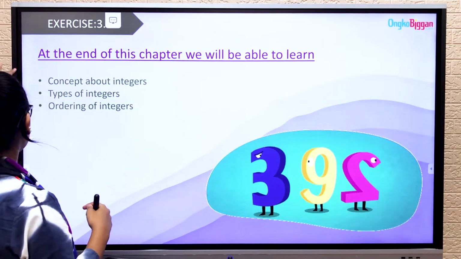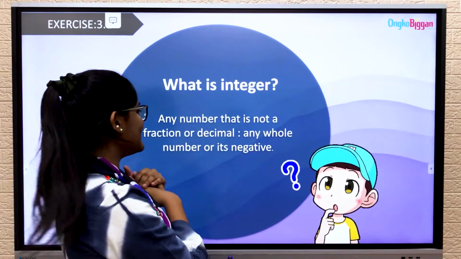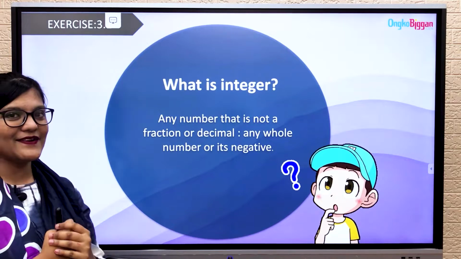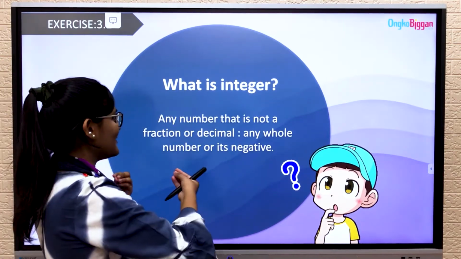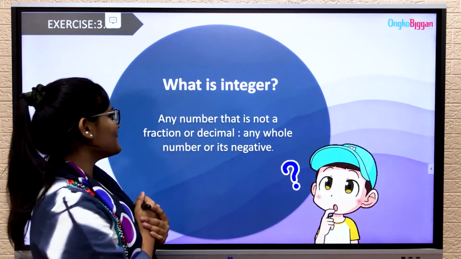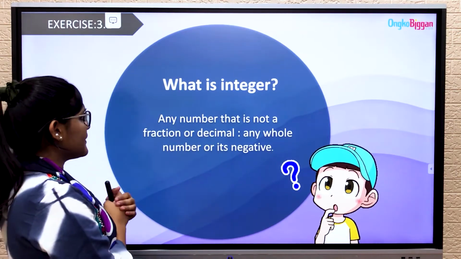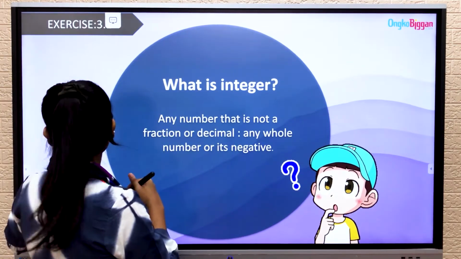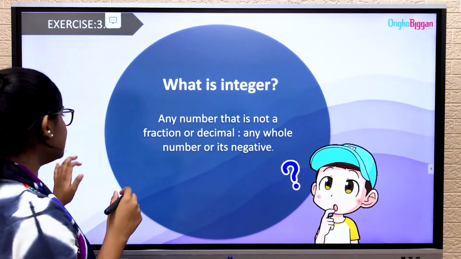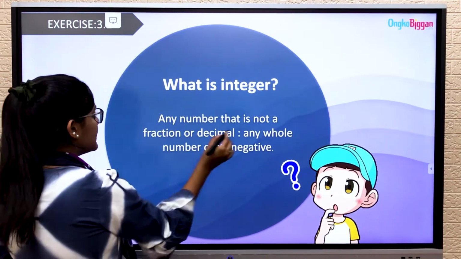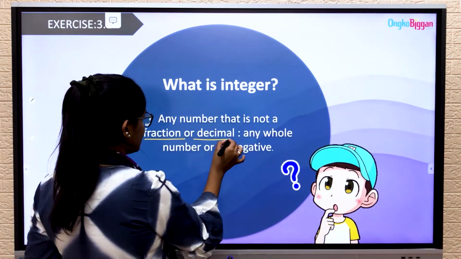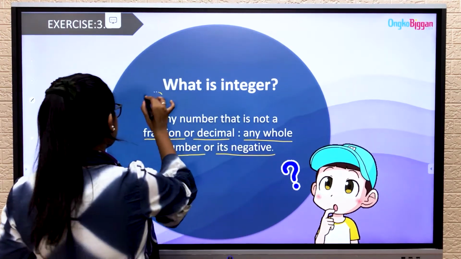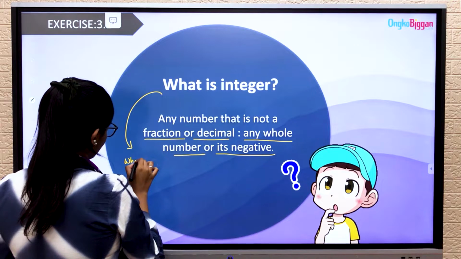So yes, let's start. Firstly, what is an integer? Since the chapter is all about integers, it's mandatory on our part to make you clear about what an integer is. I have put a basic definition for integer: any number that is not a fraction. Here our main thing to remember is that any number that is not a fraction or decimal, that means any whole number or its negative.